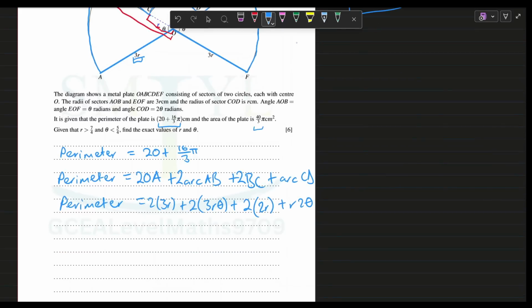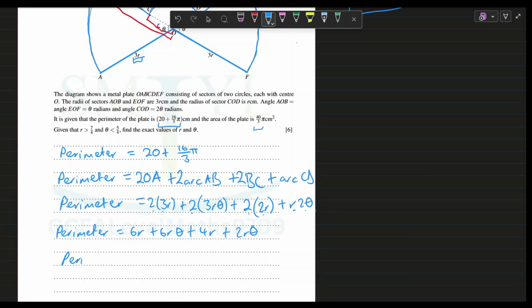Let's just simplify it. So our perimeter is going to be equal to 2 times 3r, so 6r, 2 times 3r theta, so 6r theta, then 2 times 2 times r, so 4r, and then r times 2 theta, so 2r theta.